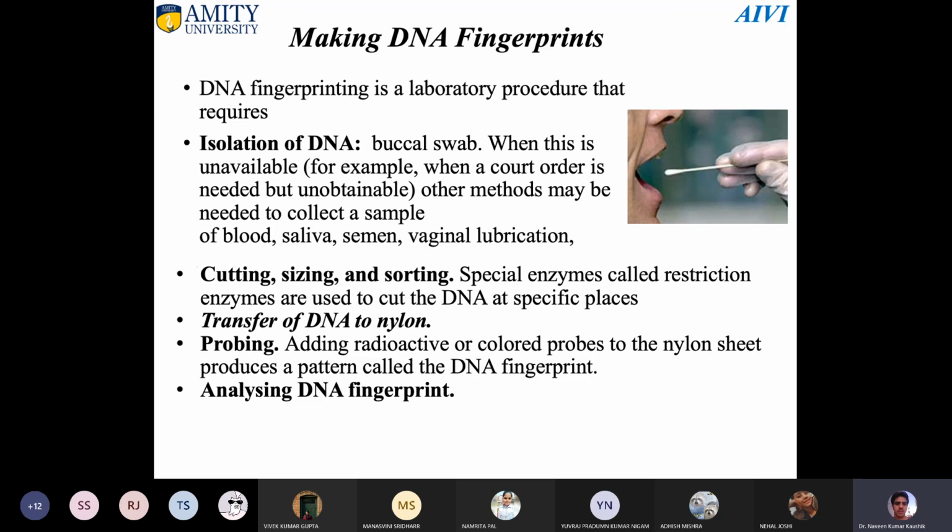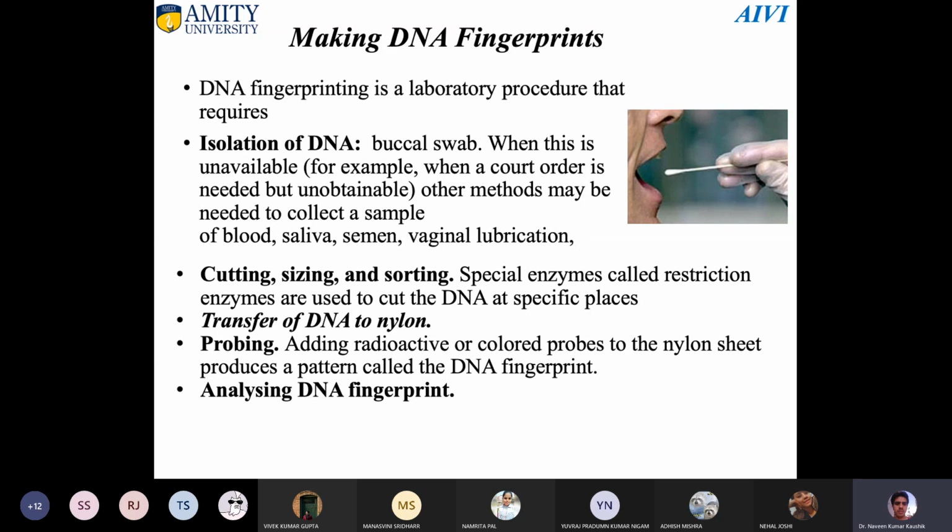Okay, so all the precautions I mentioned: wear gloves, wear mask, wear shoe cover, wear head cover, and collect the sample very precisely. Because your aim is to collect the specimen, not the surrounding. So you need to mark which area you have to collect your sample from, and take photographs, everything you need to do.